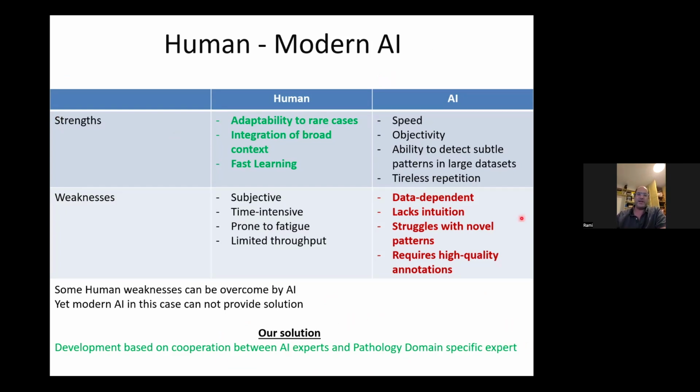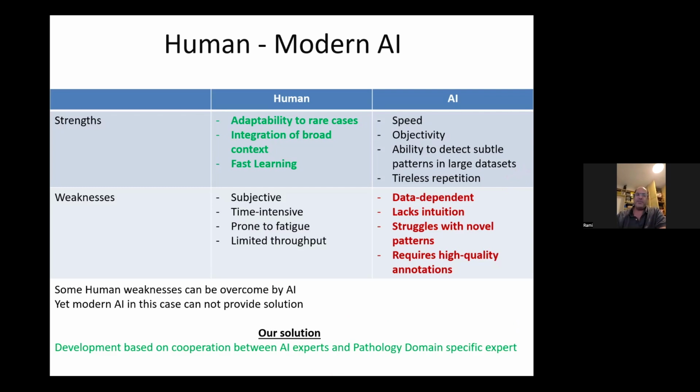Usually, in order to make such algorithms work, you need to provide tons of data, tens of thousands of slides and annotations, and this simply doesn't exist in the whole world. So even if you could collect all the Hirschsprung cases from around the world and annotate them, you would not have enough data for the way modern AI algorithms work. So we were in the state of mind that we must develop something new, something different from the way it works.